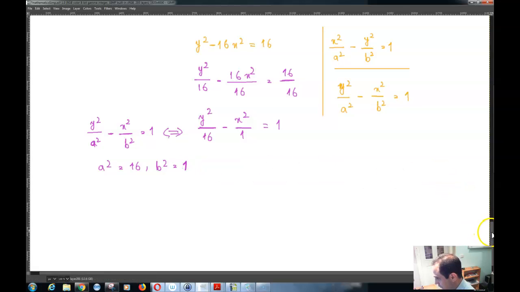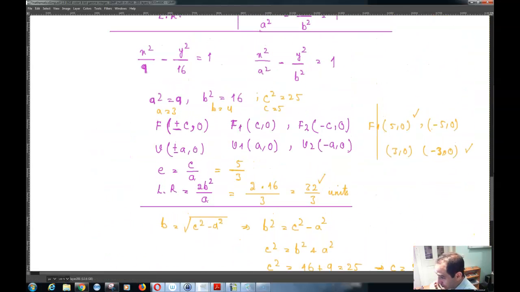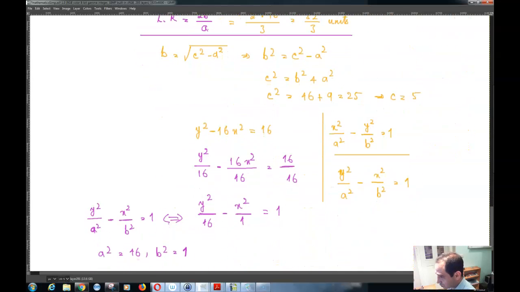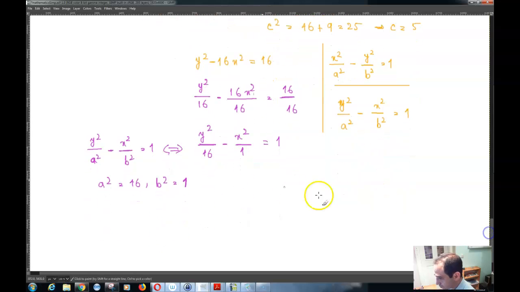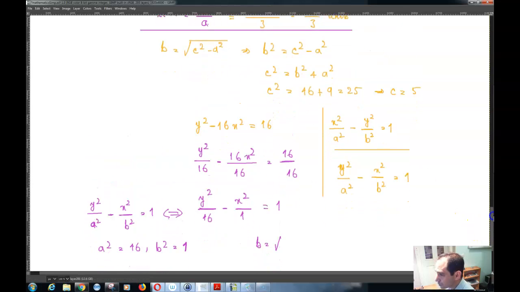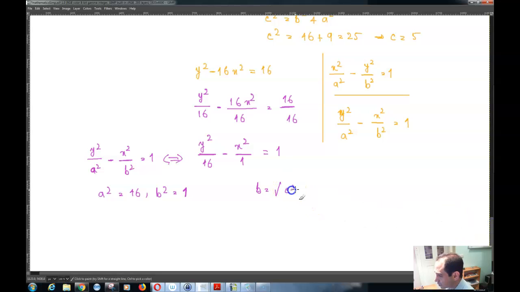And we said that b is equal to the square root of c squared minus a squared.